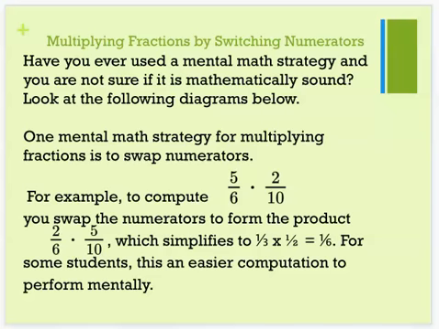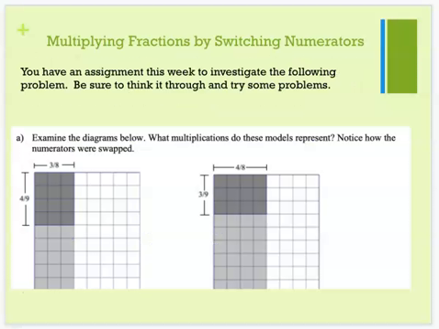That allows them to simplify each fraction, 1/3 times 1/2, and they get 1/6. Sometimes that's easier computation for students to perform mentally. Does that always work? Does it make sense? Is it mathematically okay? You're going to be investigating that in one of your assignments.